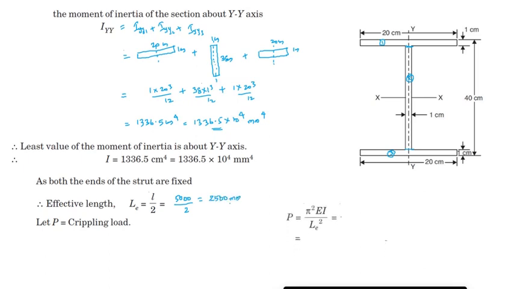So the crippling load we can calculate by the general equation, pi square EI by L square, that is pi square into E, given in the question as 2.1 into 10 raised to 5, into I, the least moment of inertia we have just calculated, 1336.5 into 10 raised to 4, whole divided by LE, that is 2500 the whole square.